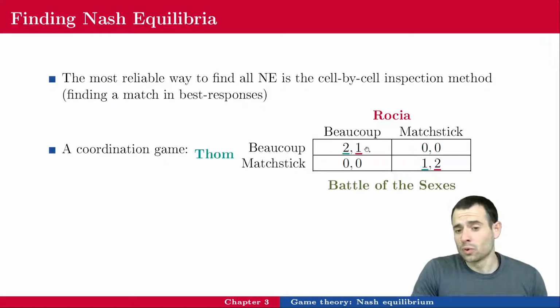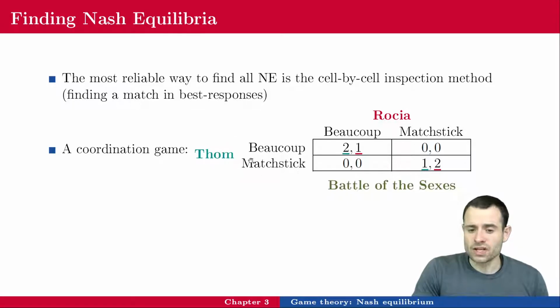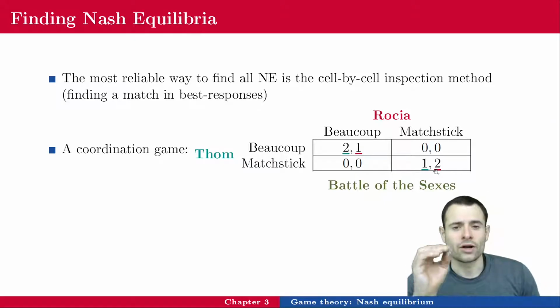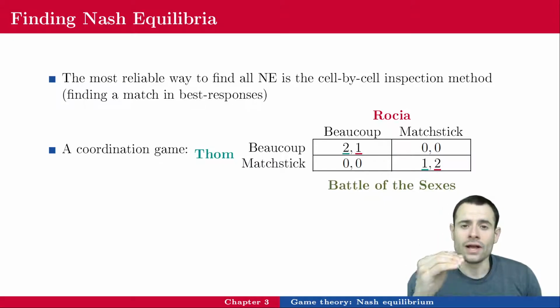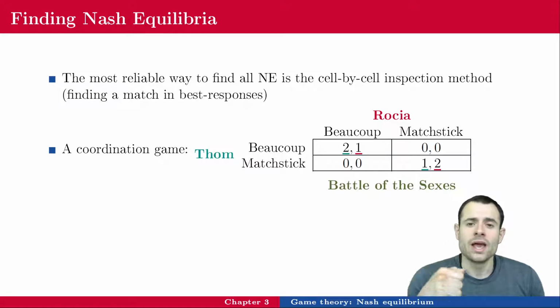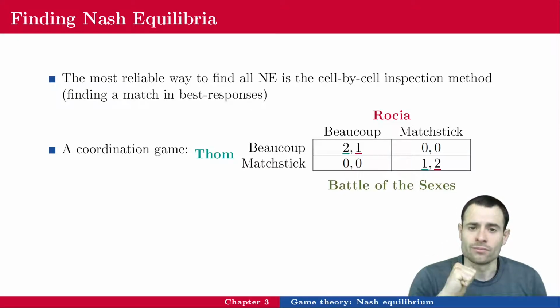Rosia will prefer to go to Boku, so I underline 1 here, and that's the best response of Rosia when Tom goes to Boku. If Tom goes to matchstick instead, then Rosia prefers to go to matchstick, and I underline 2. Any cell where both payoffs are underlined is going to be a Nash equilibrium.